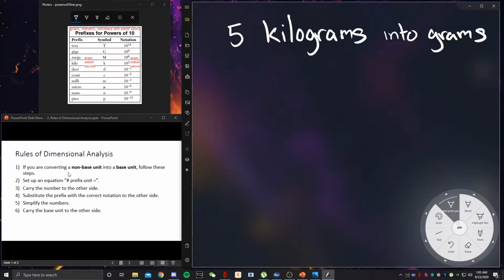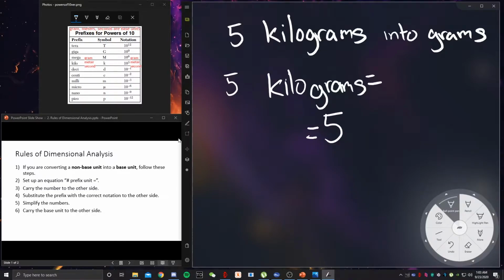We want to set up an equation here. The number 5, the prefix kilo, and the unit, which is grams, is equal to something. So we're going to carry the number 5 to the other side, and we're going to substitute this prefix kilo with a number.